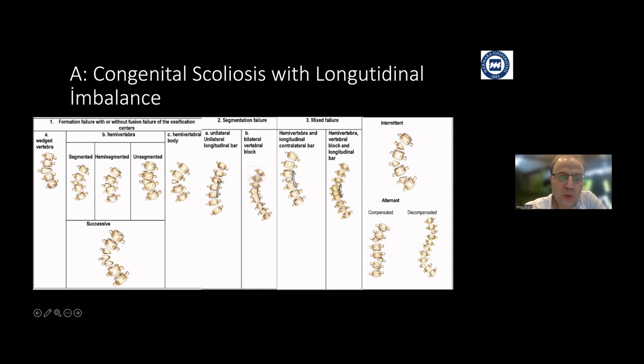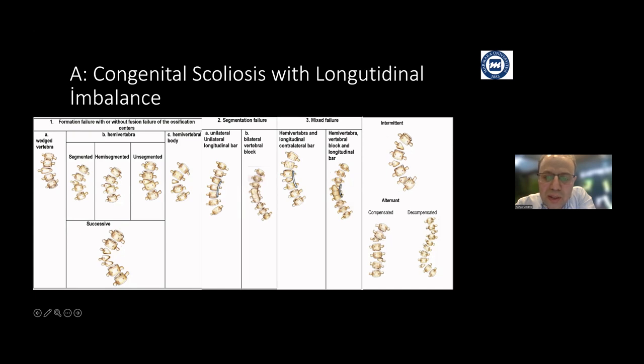This is unilateral longitudinal bar. Bilateral vertebral block. This is bilateral vertebral block. And three, mixed failure. Hemivertebra and longitudinal contralateral bars. This is the hemivertebra and this is the contralateral bar. This is hemivertebra, vertebra block and longitudinal bar.